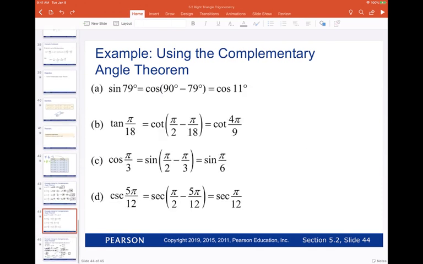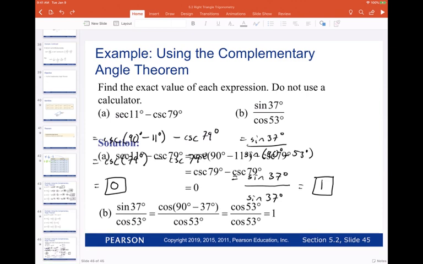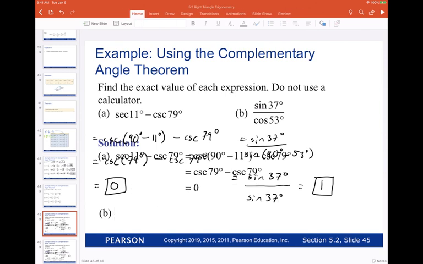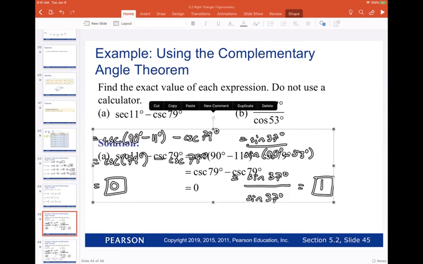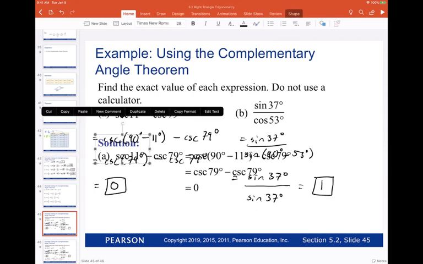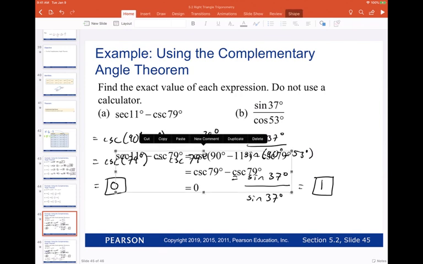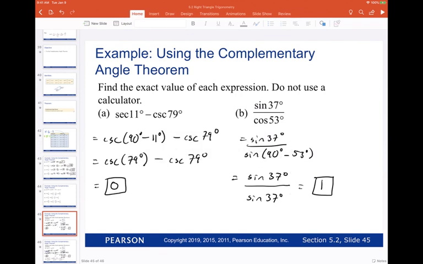Okay. Then I need to duplicate this. That's what I was missing. And then this one, I can get rid of all this stuff. Okay, that looks better. I think we're back in business now.